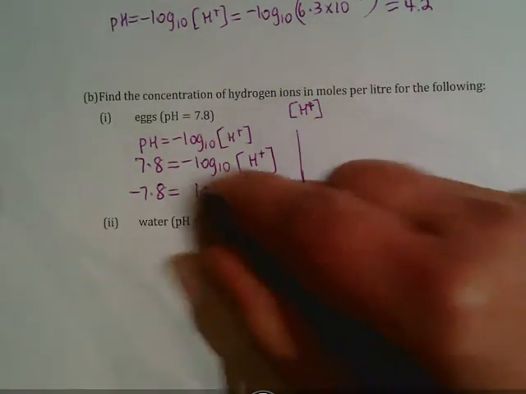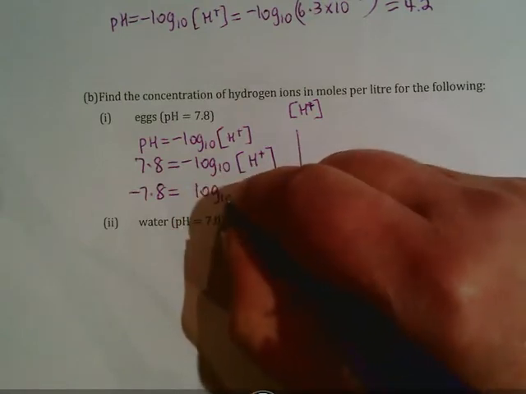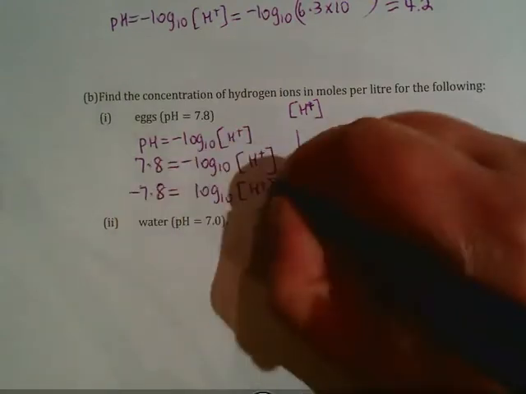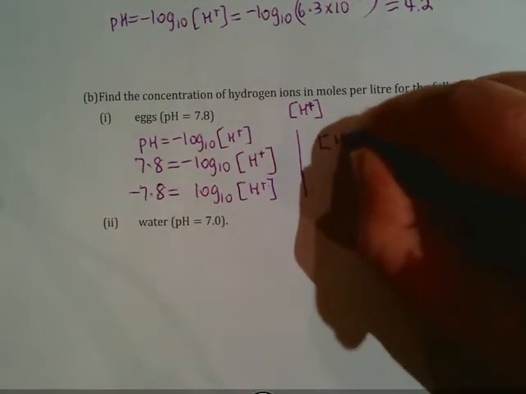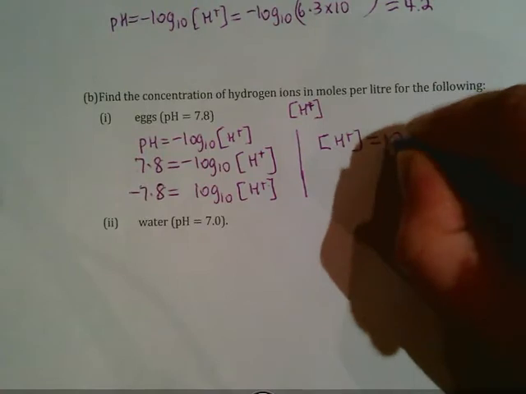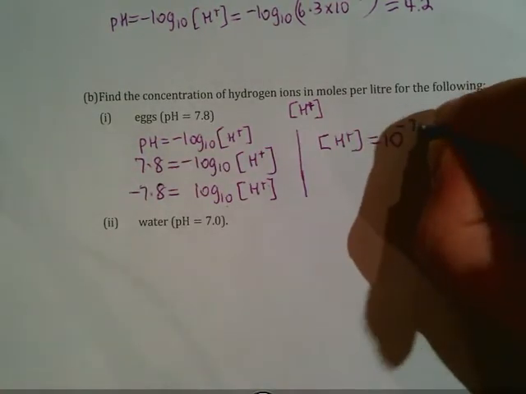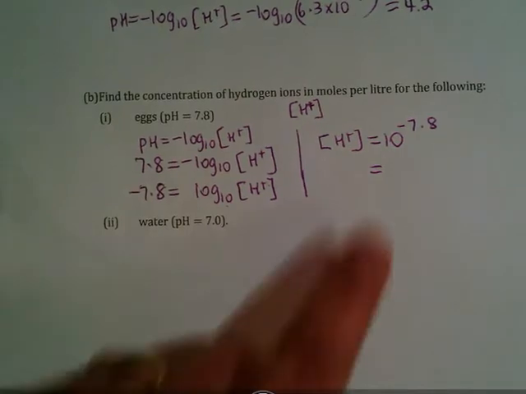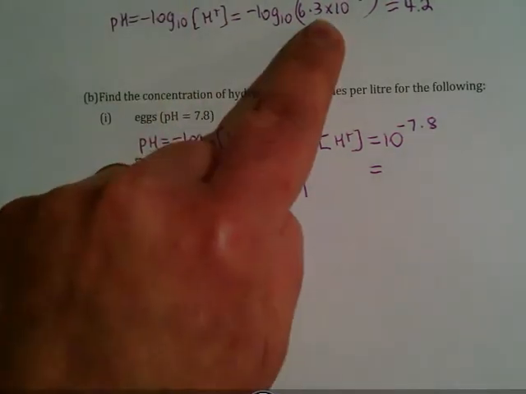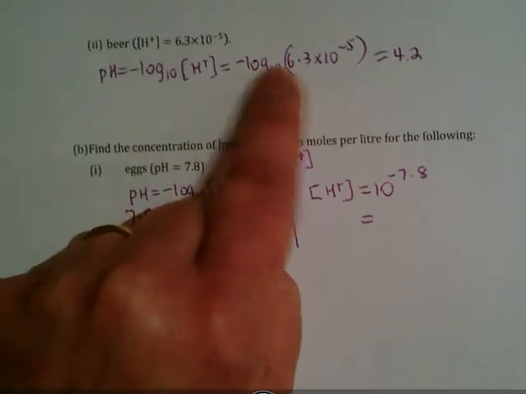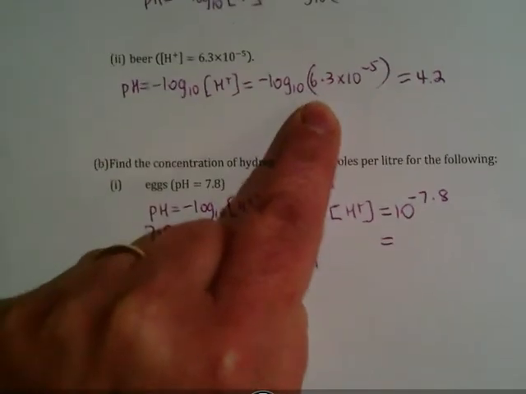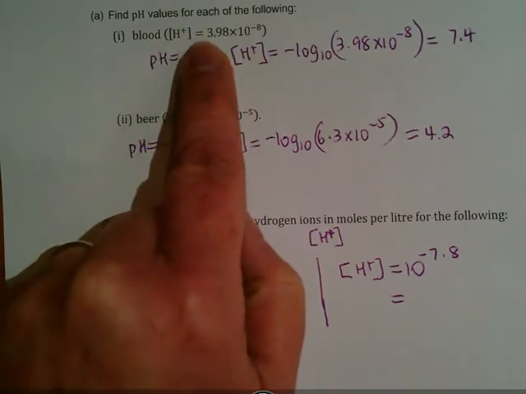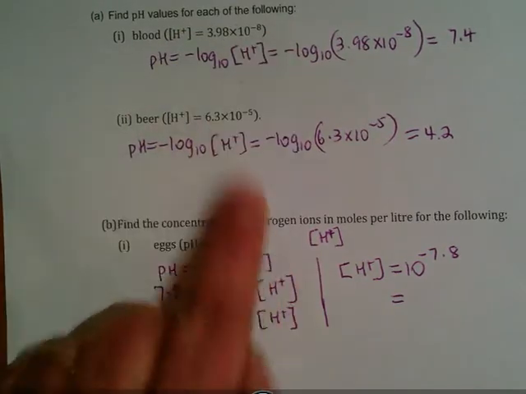Now writing this log as an index, the base here is 10. So we've got 10 to the power of negative 7.8 equals the hydrogen ion concentration. Now you need to put that into your calculator to get a concentration in scientific notation, a number between 1 and 10 times 10 to a power.